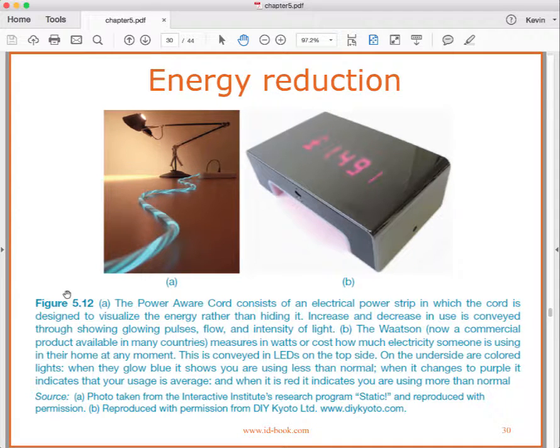Here are some devices that are to encourage us to reduce energy consumption. The one on the left, as I understand it, allows us to visualize the amount of energy that we're using by seeing how much light is going on in the cord to the power strip. Of course, what worries me is that isn't that yet consuming energy in its own right? Maybe it's not. I don't know.